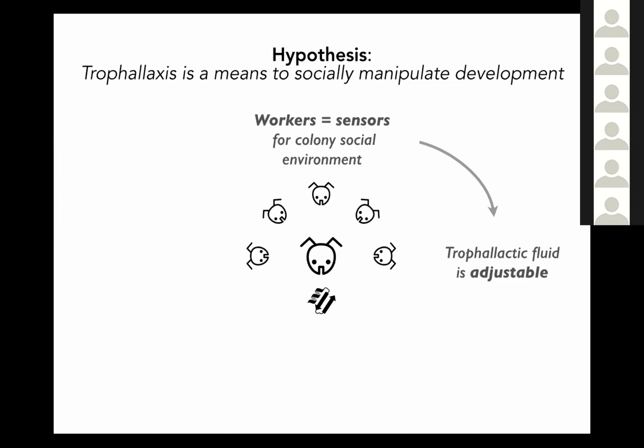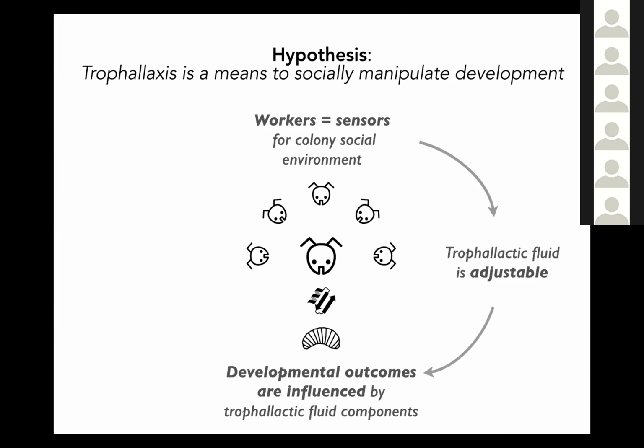So turning up this dial, turning down this dial. And then these components, when fed to larvae and filtered through the social network, they can influence the developmental outcomes of those larvae. Then these larvae grow up, they then become adults and can feed back onto the social environment.